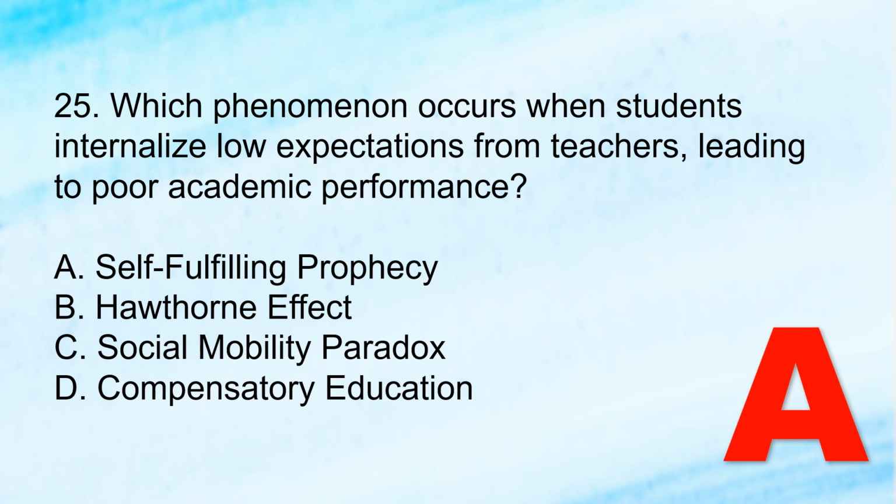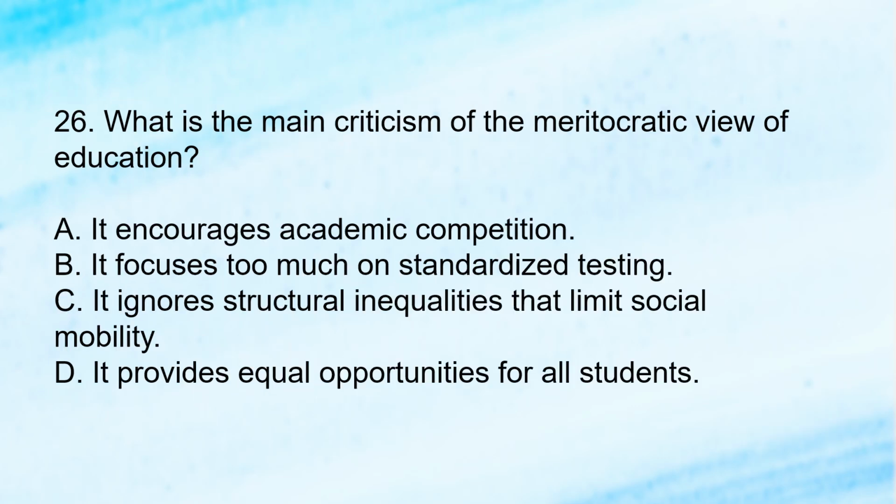Hawthorne effect relates to changes in behavior due to observation. And social mobility paradox concerns how education does not always ensure upward mobility, while compensatory education refers to programs aimed at helping disadvantaged students. So letter A is the best answer.